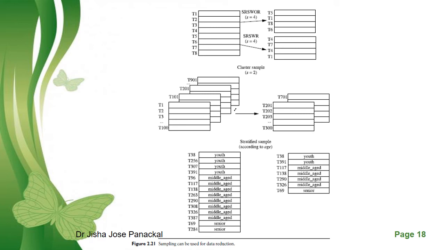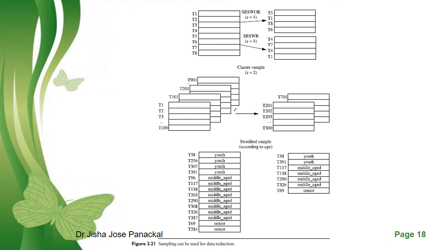For example, see the second figure, we have T1 to T100, then 101 to 200, like that we have 1000 records, transactions, and from these clusters we are choosing only 2 clusters as sample. For example, transaction 201 to 300, and transaction 701 to 800. So these are known as cluster sampling.